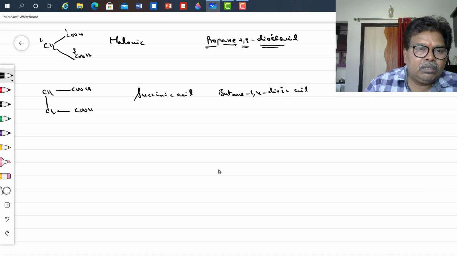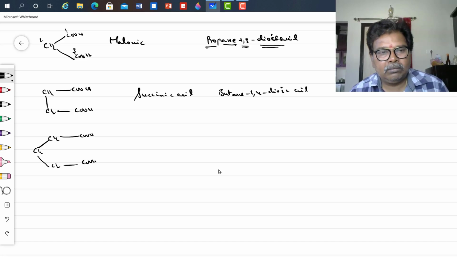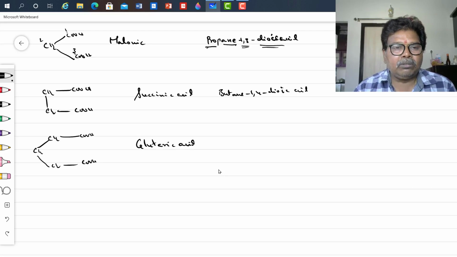Now, CH2 CH2 CH2 COOH COOH is called glutaric acid. This is 1, 2, 3, 4, 5, pentane 1,5 dioic acid.